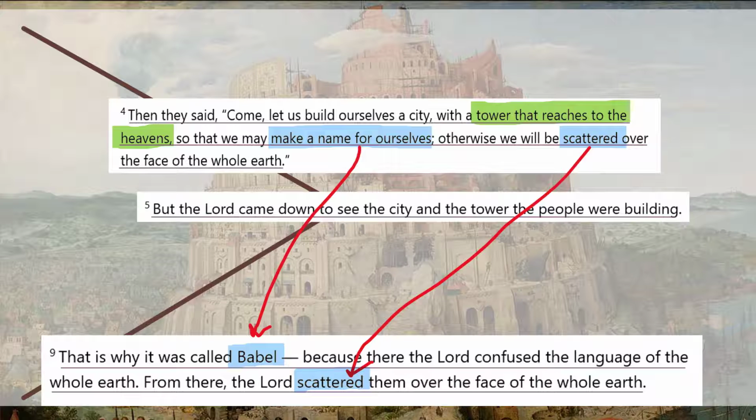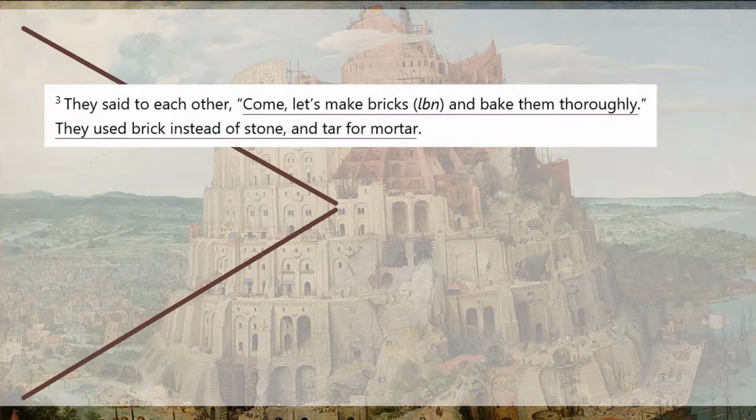Now let me show you one more. It's the last one I want to show you. It's a small detail, but I think that it sums up the entire message, and you'll never see it in English because it has to do with the spelling of a Hebrew word. So verse 3, they said to each other, "Come, let us make bricks."